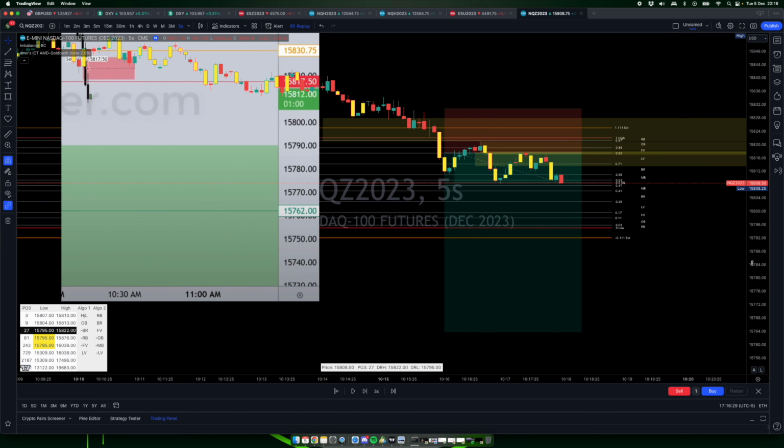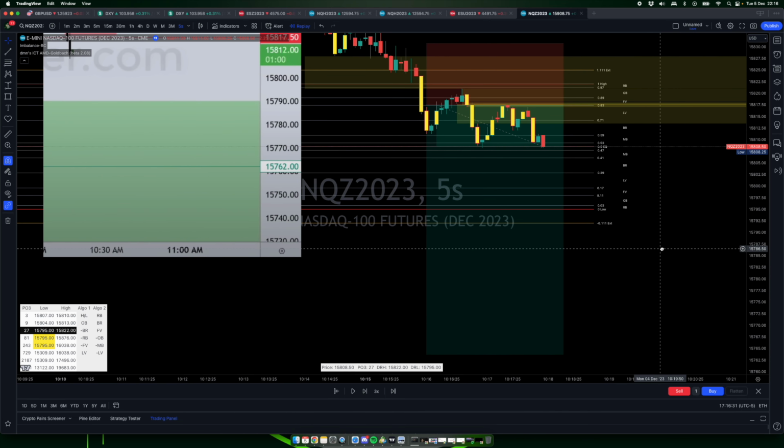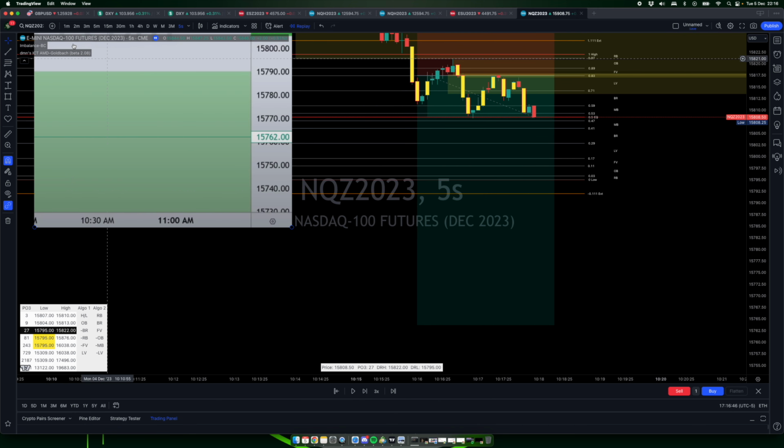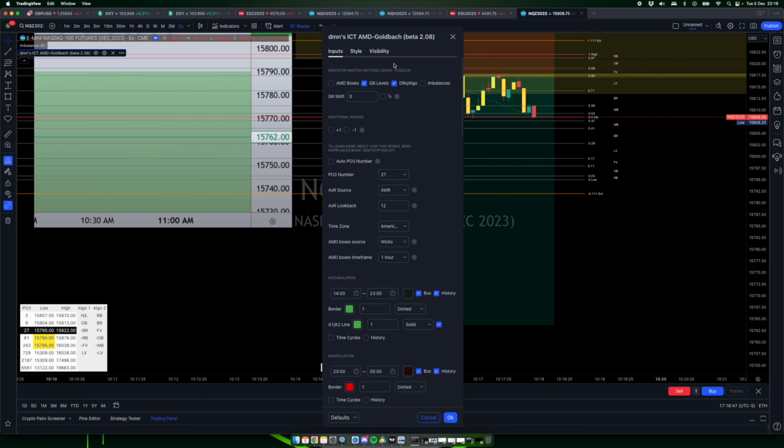Let's look at the dealing range below. So once price gets below the low, the next dealing range will be from this, which will now be the high, down another 27 ticks. But we can just ask the indicator and say, what is the dealing range below this?